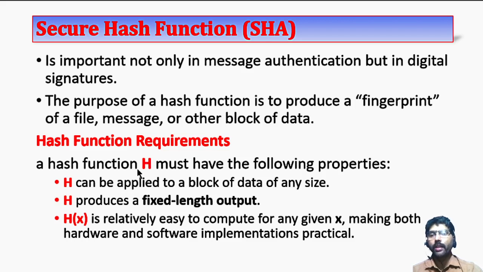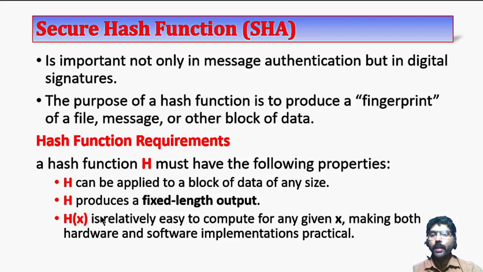That is the first property. The second property is H produces a fixed length output. Whatever the input size, whatever may be the data block size, the output produced should be the fixed length. It never changes. So that is the second property.